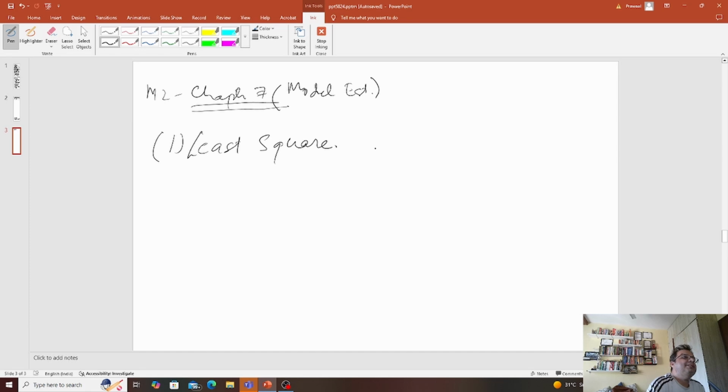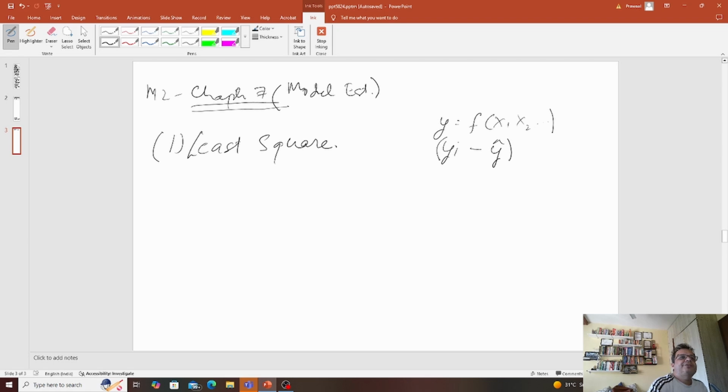Let's suppose you have estimated a model, and your equation is like y equals a function of x1, x2, x3, etc. Now you get some values of y, and then there are some actual values that it should contain.